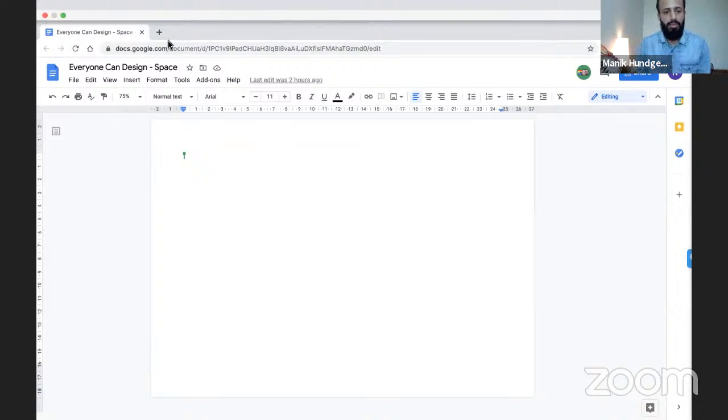Guys, keep things very rough, like fast scribbles. You don't need to have a very perfect layout.